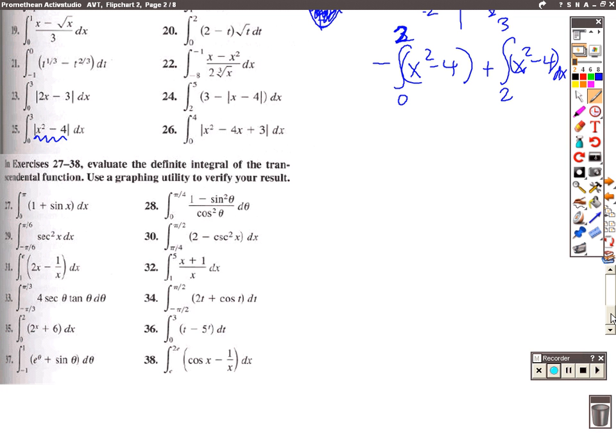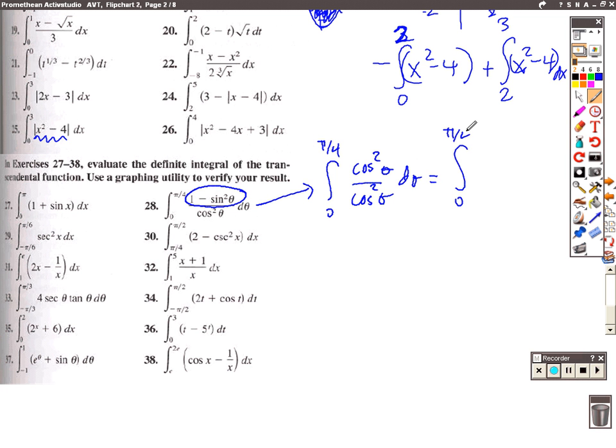Let's do number 28 because 28 has a trick in it. In number 28, this is one of our good old Pythagoreans from pre-cal, and you know as well as I do that 1 minus sine squared is the same thing as cosine squared. And so we have cosine squared over cosine squared, which is really 1.